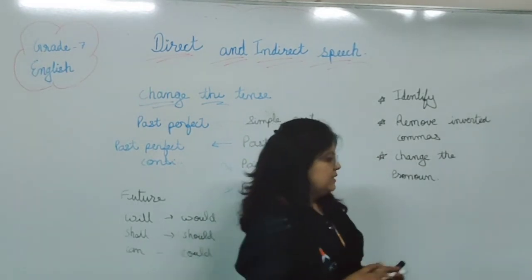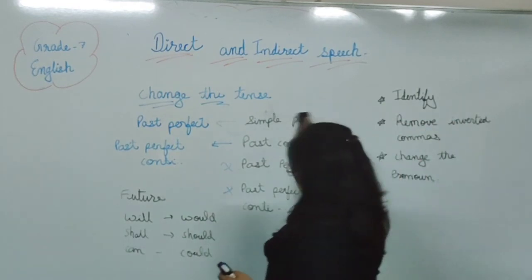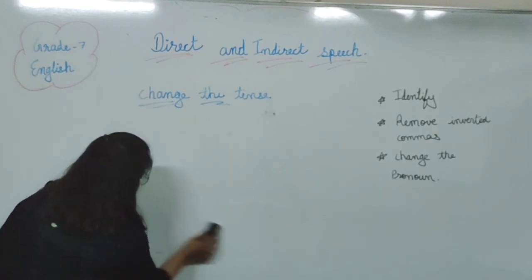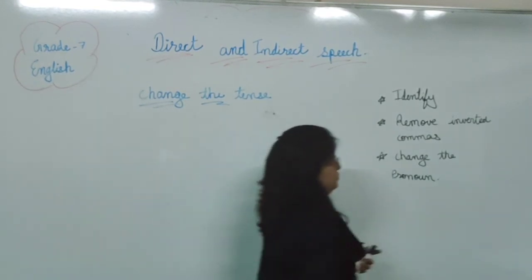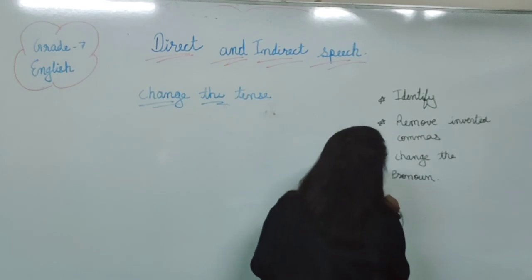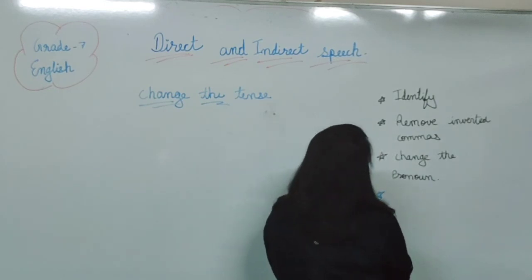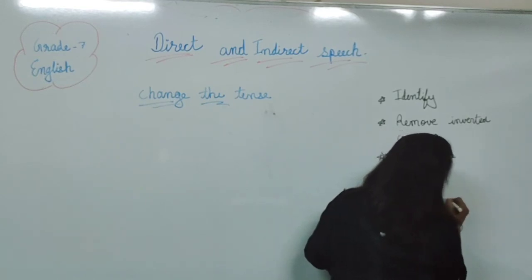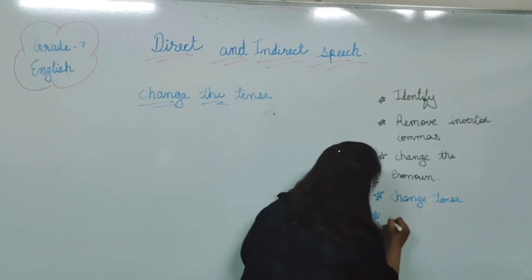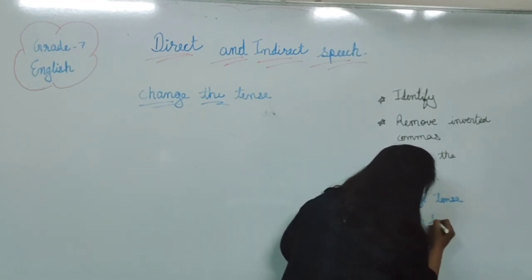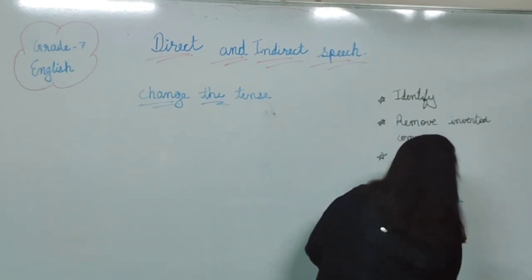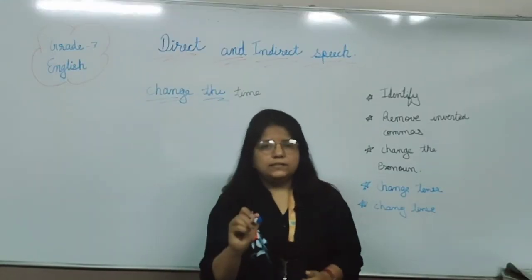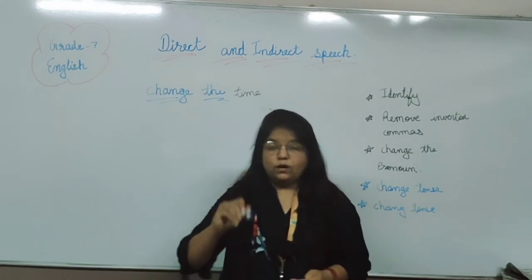And the last thing which is remaining, if there is any time related thing, we have learned tenses also, right? And the last one is change time. Now let's understand, if in the sentence there are some time related things, so how we will change?